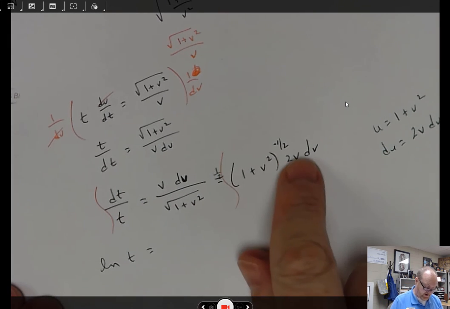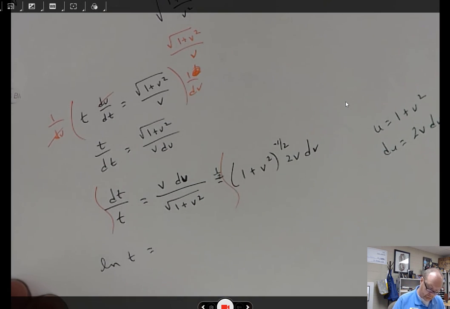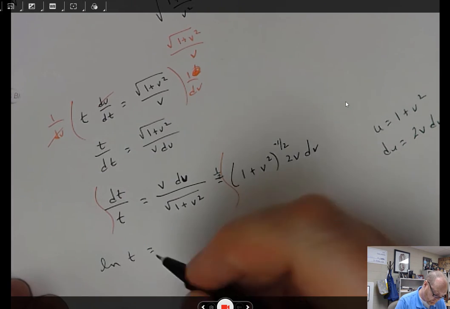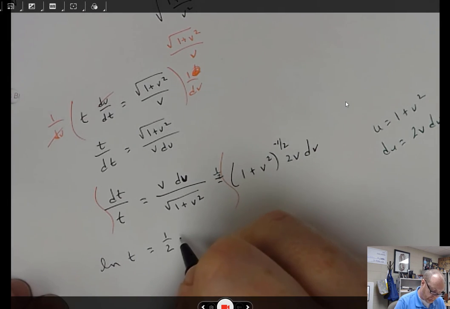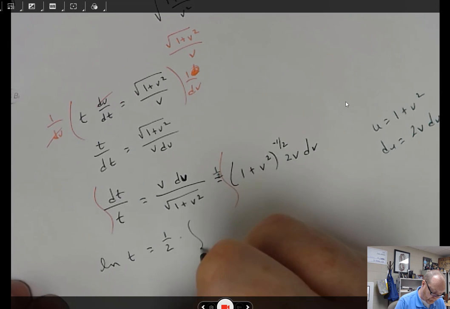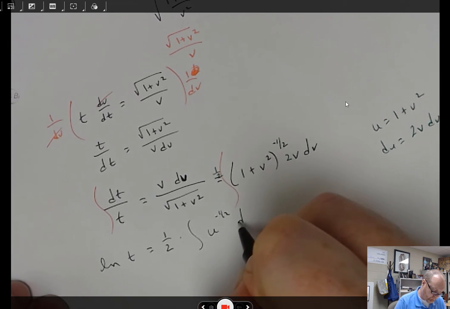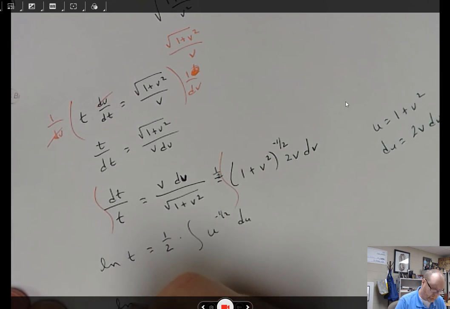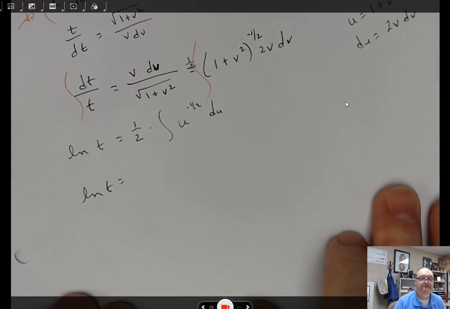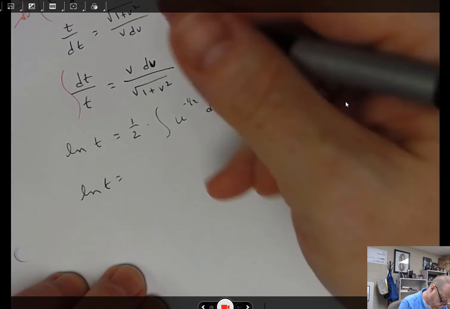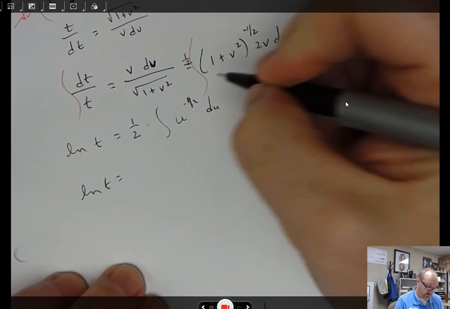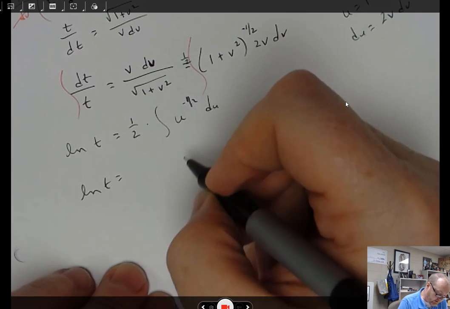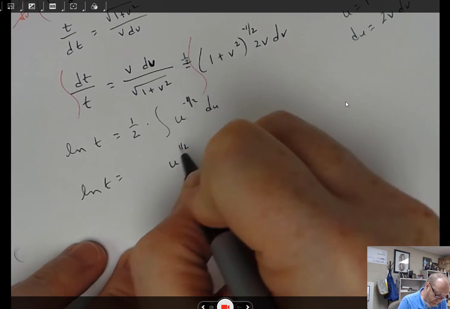So I need a 2 in and a 1/2 out. So this now looks like 1/2 the integral of u to the negative 1/2 du.